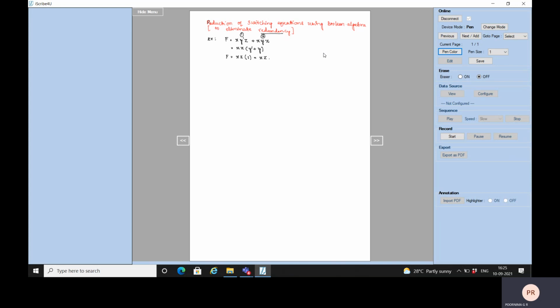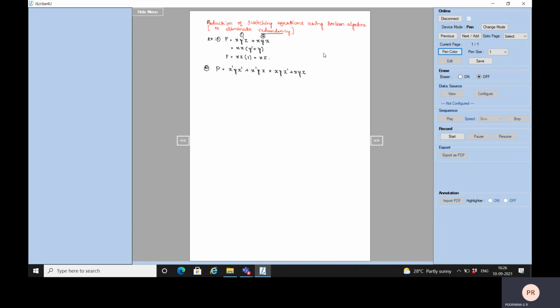Similarly, let me take one more switching equation: x bar y z bar plus x bar y z plus x y z bar plus x y z.